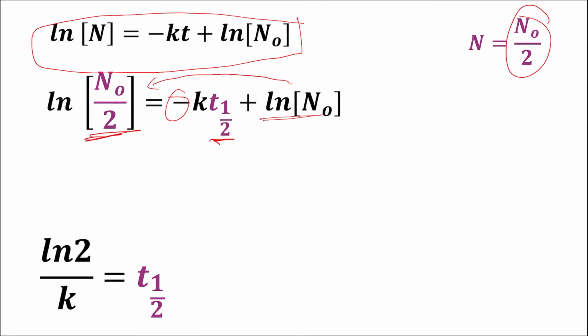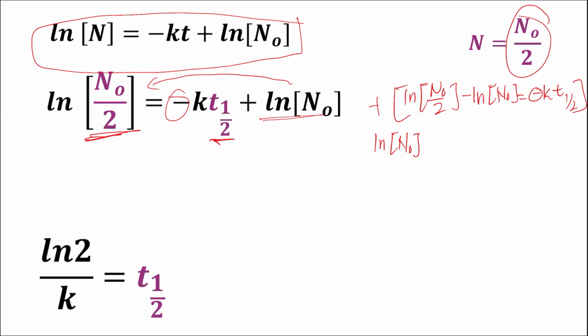So, we got ln N0 over 2 minus ln N0 is equal to negative k t1 half, multiplying both sides by negative 1 dahil we don't need the negative sign here. So, mababago yung sign. So, magiging ln N0 minus ln N0 over 2 is equal to k t1 half.